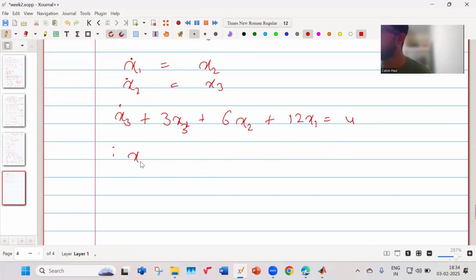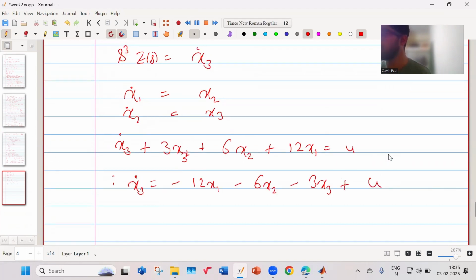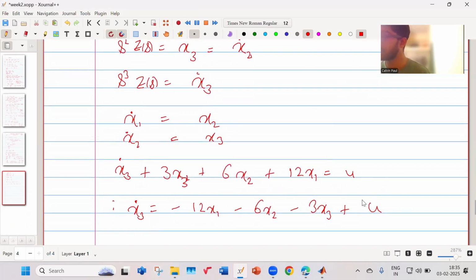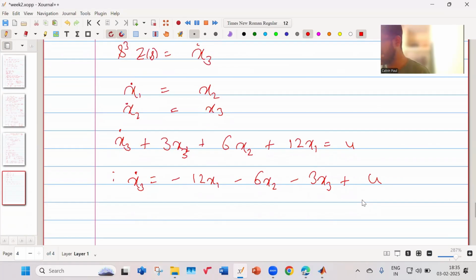Okay, so your x3 dot is minus 12x1 minus 6x2 minus 3x3 plus u. So this has been achieved. This is well and good.